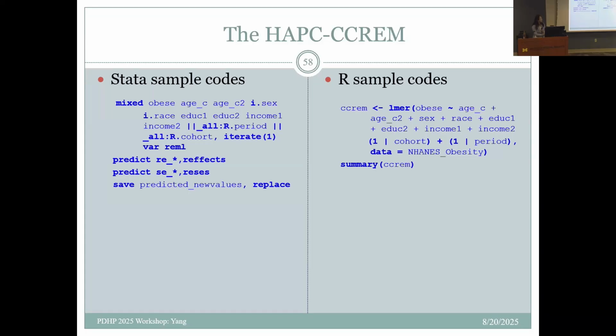And the R sample code is on the right. We'll use lmer to estimate this, and this is the code for the random cross-classified effects part. It's relatively straightforward if you have already used mixed effects before.